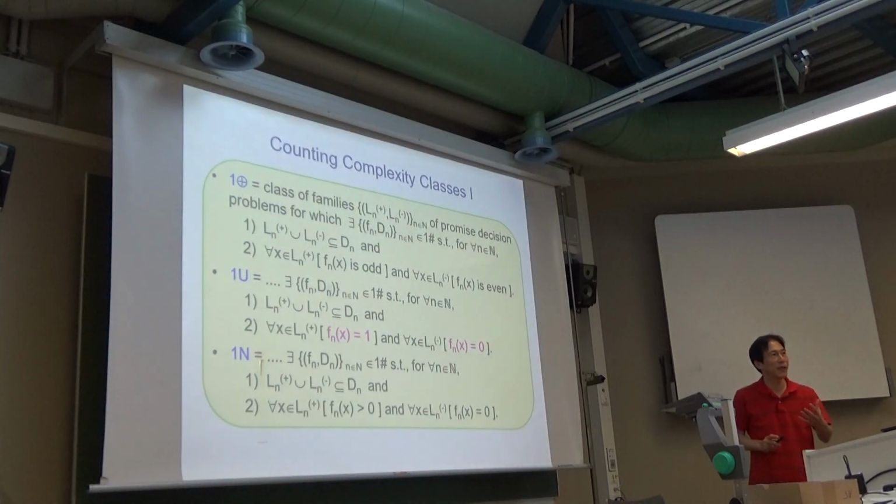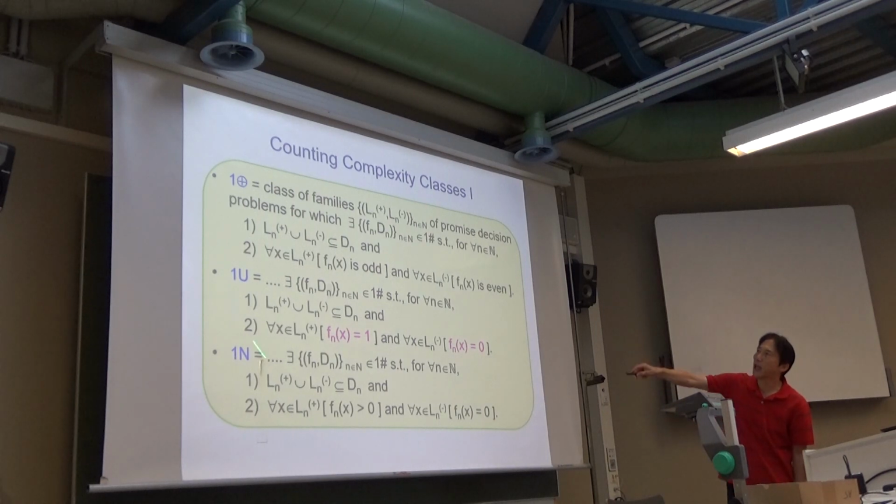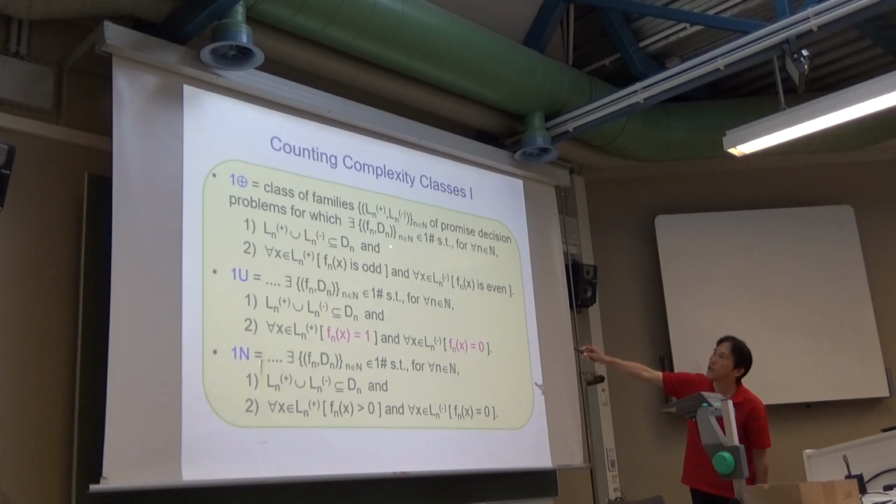Now we move on to the class of the promise decision problems. We introduced the complexity classes corresponding to parity P, UP, and NP. Those complexity classes are defined in terms of one-sharp families.